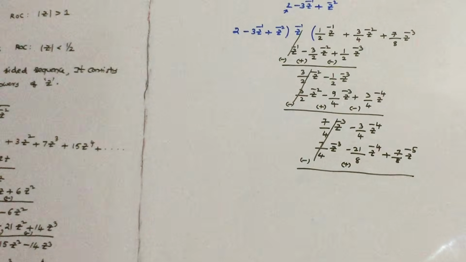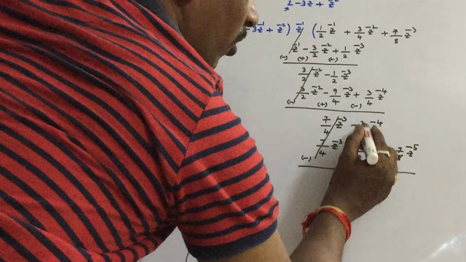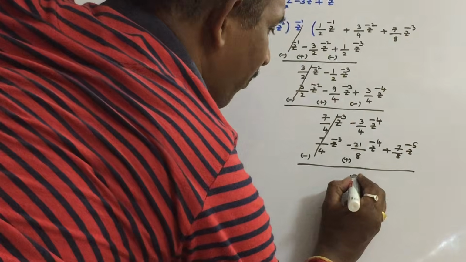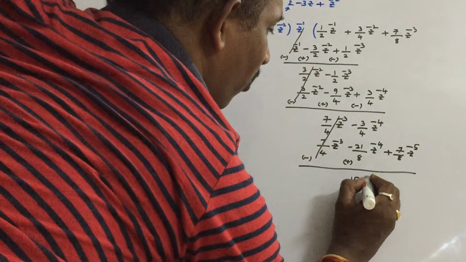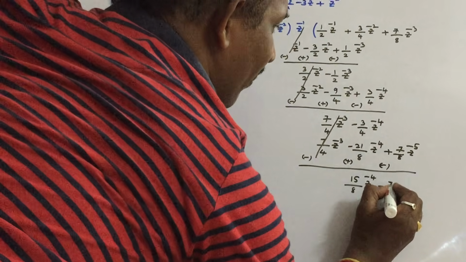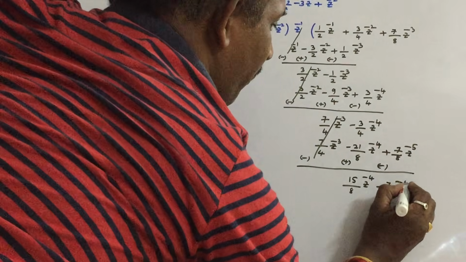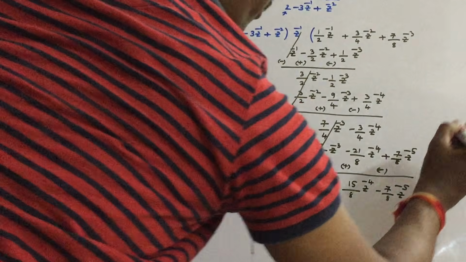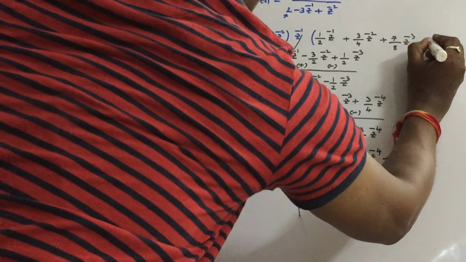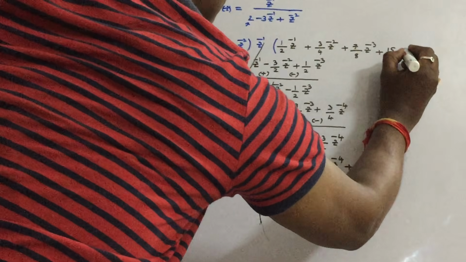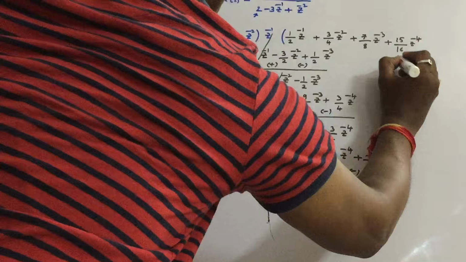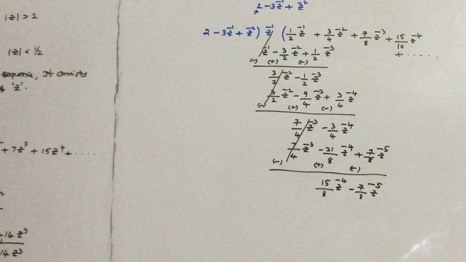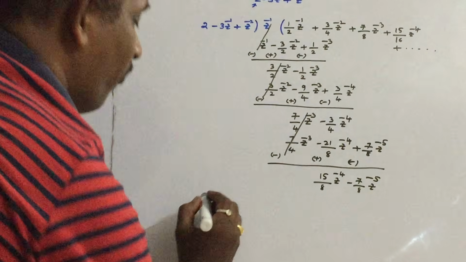Okay, 21 by 8 minus 3 by 4. So it will become 15 by 8 z power minus 4 minus 7 by 8 z power minus 5. So to get 15 by 8, multiply with 15 by 16 z power minus 4 plus so on. So leave the division after 4 or 5 terms.